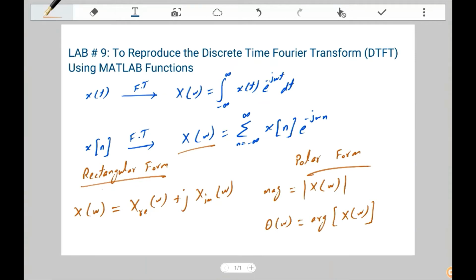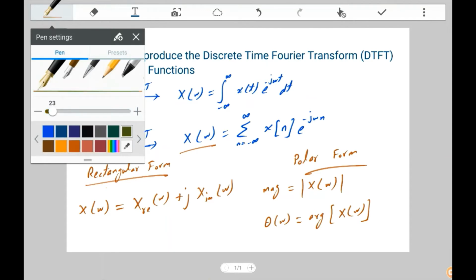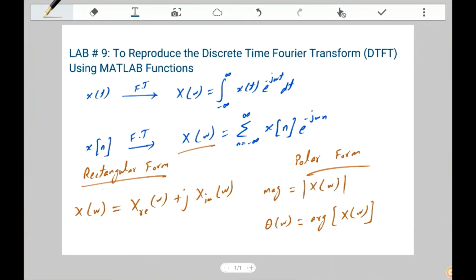In MATLAB, we have some built-in functions. By using those functions, we can calculate all the values of these different parameters. For example, if we want to calculate the real part of a signal, we just need to write this signal in the built-in function real of X of omega.